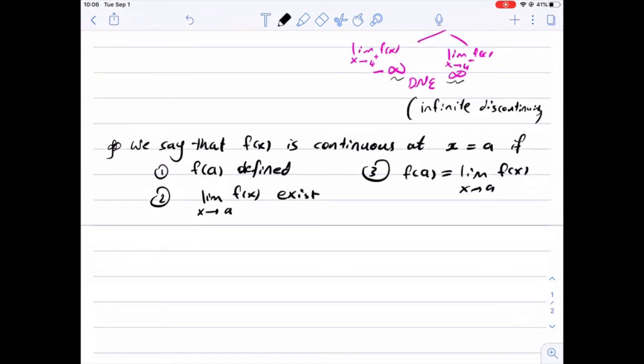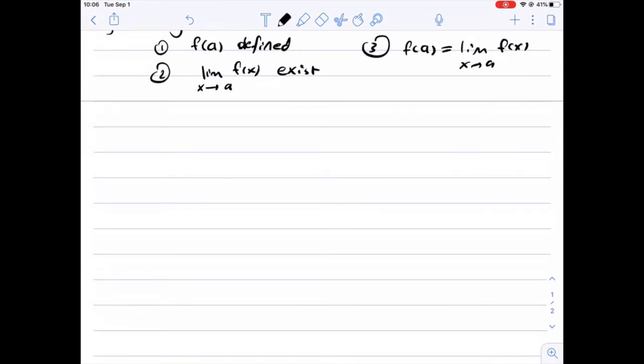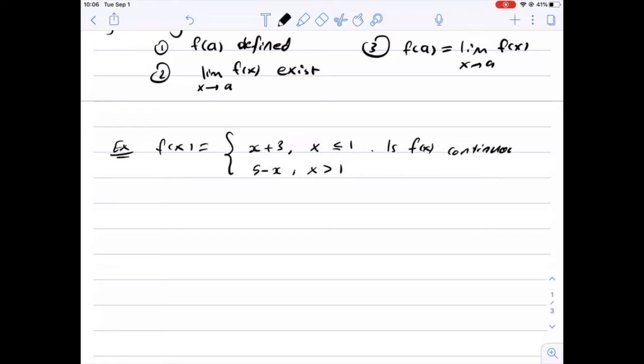Now here we dealt with continuity by focusing on a graph of the function. Now let's take some rules of functions and study those functions algebraically. Suppose we are given the function f of x, a piecewise defined function, I mean a function that's defined by more than one rule: x plus 3 for x less than or equal to 1, and 5 minus x for x greater than 1. Now here we ask, is the function f continuous at x equals 1?